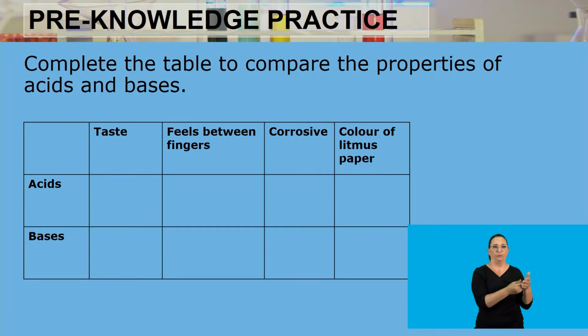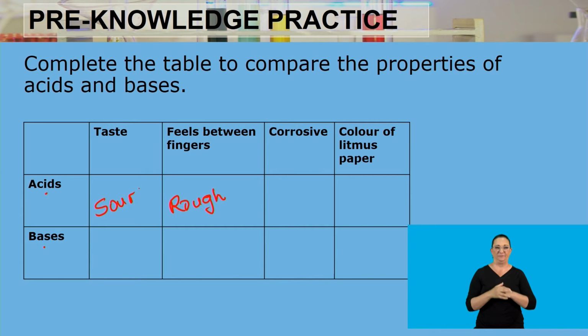So with what we know, let's see whether we can answer these questions. We need to complete the table to compare the properties of acids and bases. We have an acid and a base, and we need to fill in this table by comparing their properties. We know that acids taste sour. And then the acids feel rough to the touch.